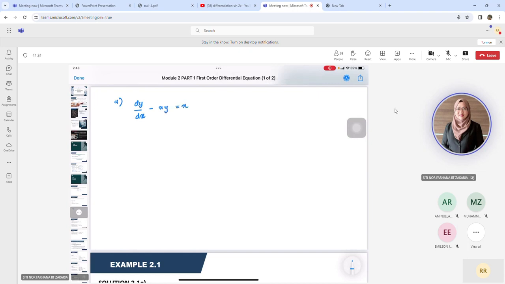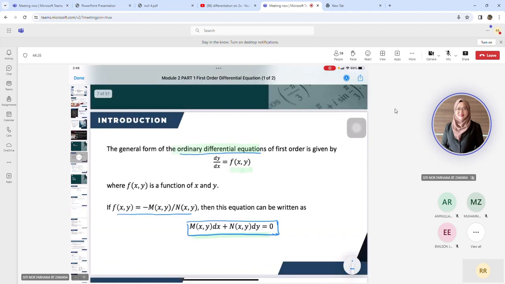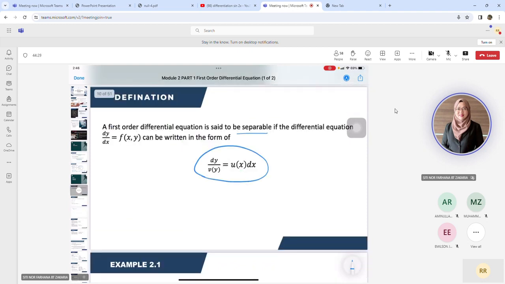Definition say that if you can form that DE into this one, it is separable. Actually this one is the easier explanation: if you can separate y variable di sebelah kiri and then x variable di sebelah kanan, then it is separable.